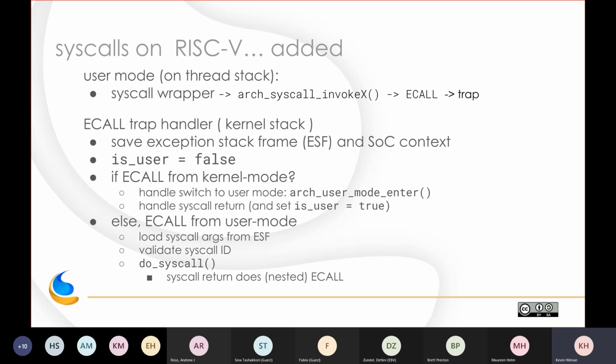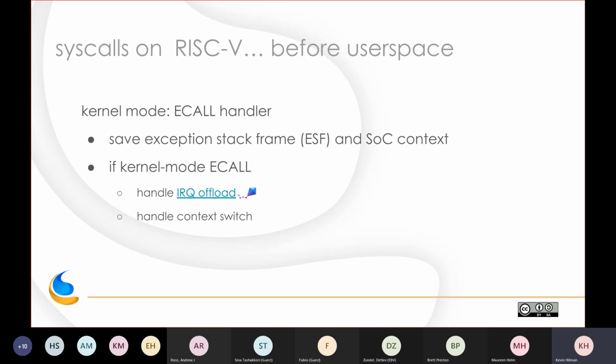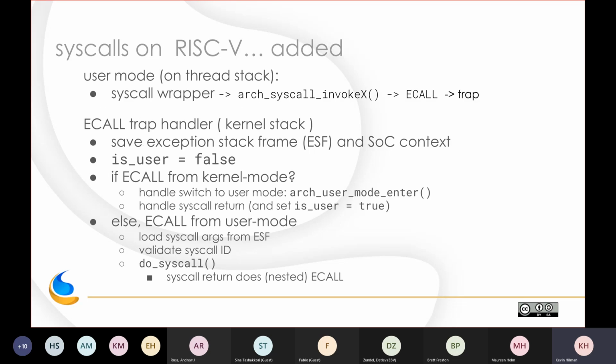And then we have to check in the trap handler because, as I mentioned on the previous slide, the ecall handler already handles several kernel mode functionalities like IRQ offload and context switch. So here in this trap handler, we still have all of that code. We're checking if the ecall came from kernel mode or not. If it did, we deal with the previous stuff, so the IRQ offload and the context switching and so on.